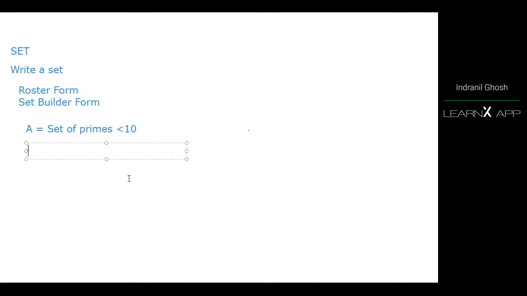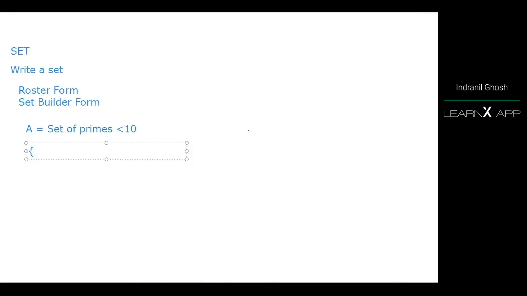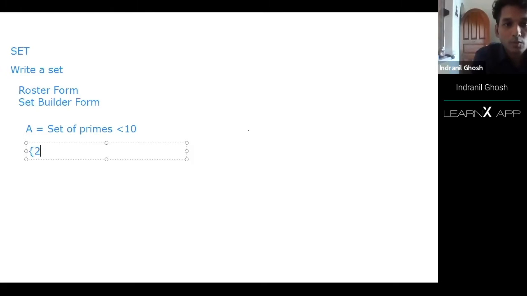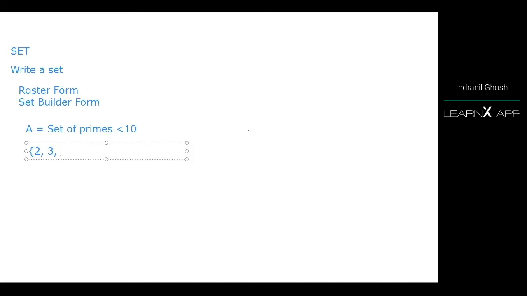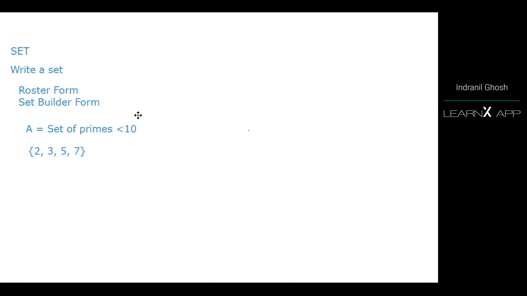Sir, A equals the set of all prime numbers which are less than 10, so 2, 3, 5, 7. So these are the prime numbers we have which are less than 10. And this is the roster form in which we write using curly brackets and putting commas between the elements. There is another form which is known as set builder form.